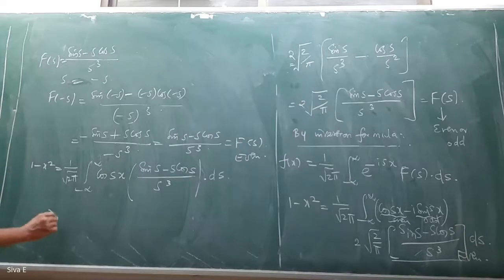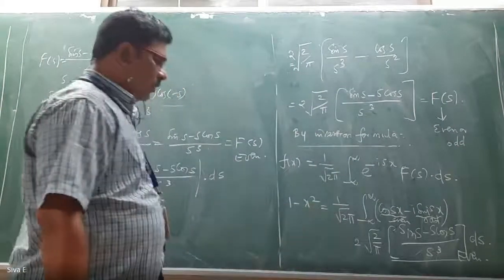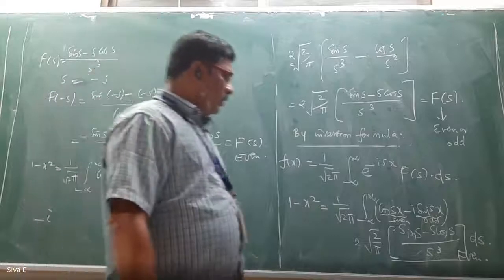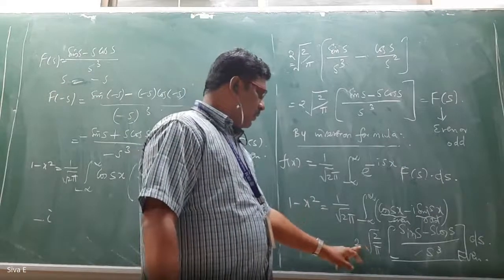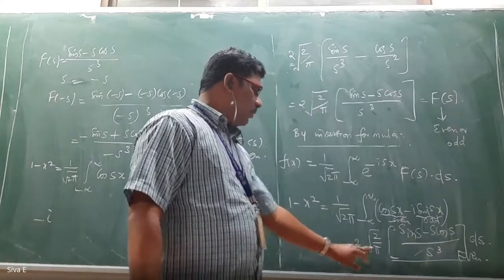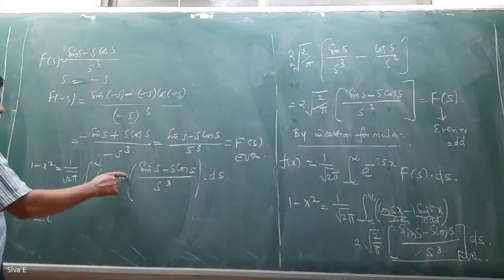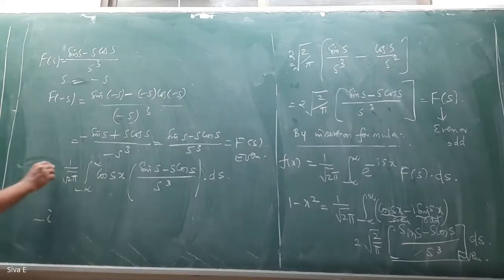Minus i, 1 by root 2 pi, and if you are taking it here, 2 by root 2 pi also is there. We have to multiply that 2 root 2 by pi also. Actually, I missed that 2 root 2 by pi here.